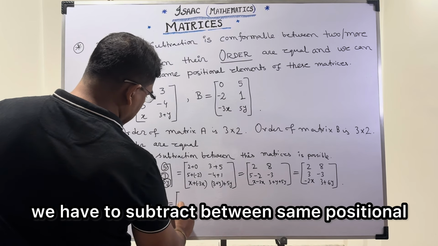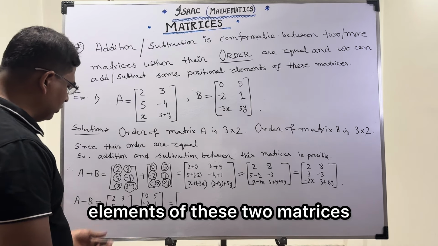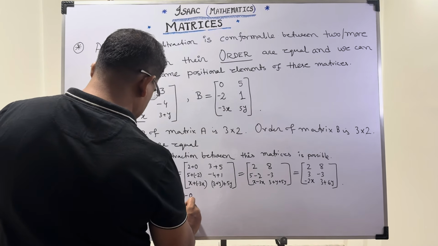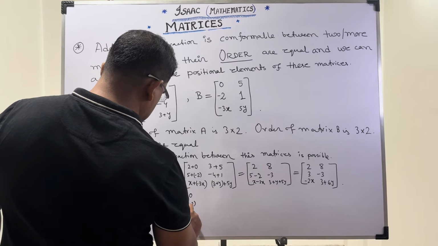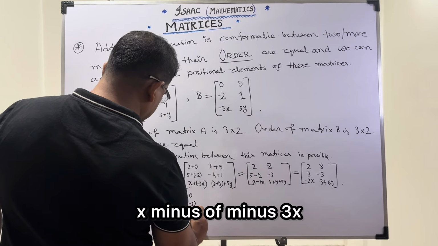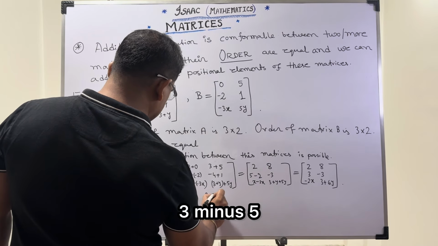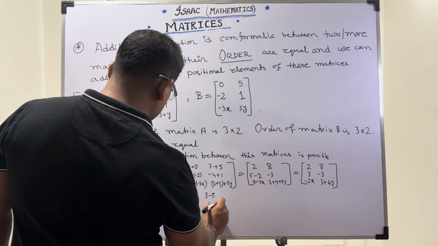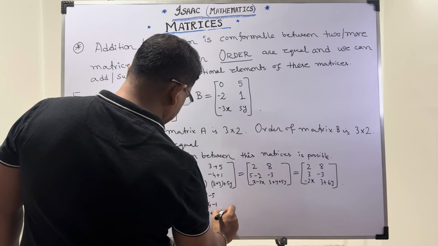Similarly, we have to subtract between same positional elements of these two matrices. 2 minus 0, 5 minus of minus 2, x minus of minus 3x, 3 minus 5, minus 4 minus 1, 3 plus y minus 5y.